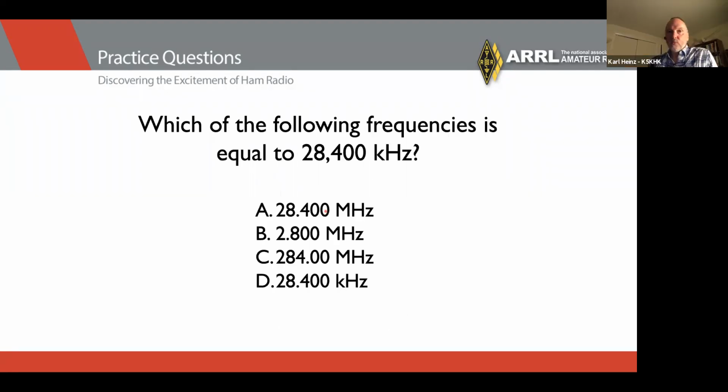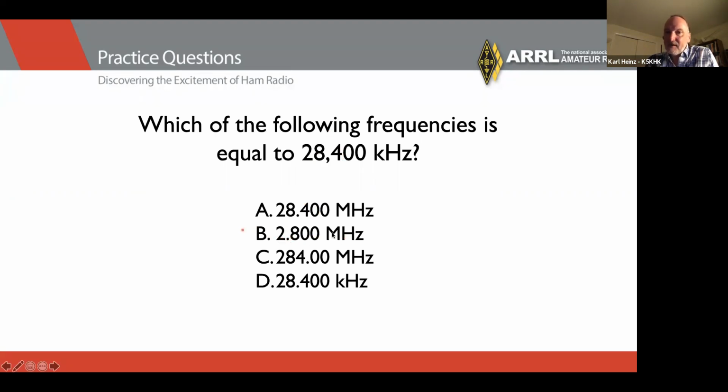The next one is, which of the following frequencies is equal to 28,400 kilohertz? Again, we look at these numbers, we see B here, different digits. We are looking for 284. There is 280.